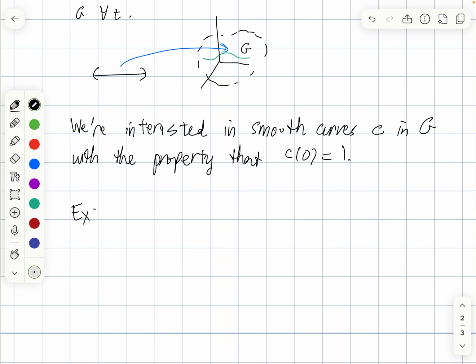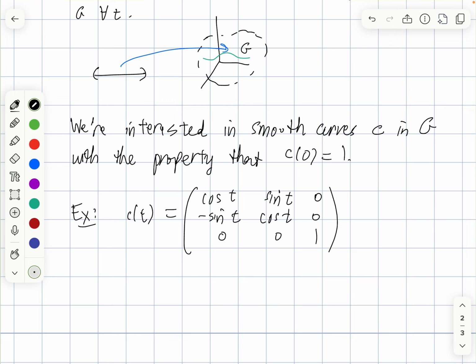So, for example, you could define C of t to be the matrix cosine t, negative sine t, 0; sine t, cosine t, 0; 0, 0, 1 in G, which is SO3.